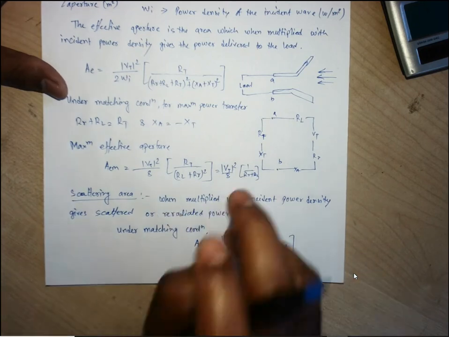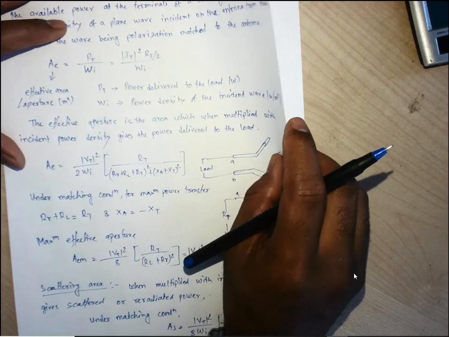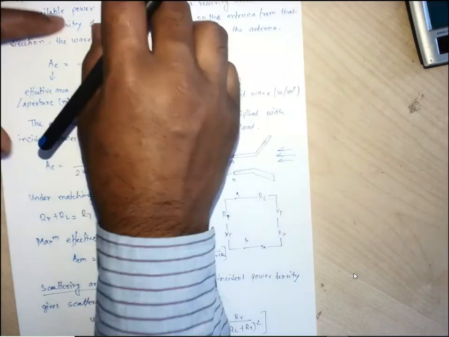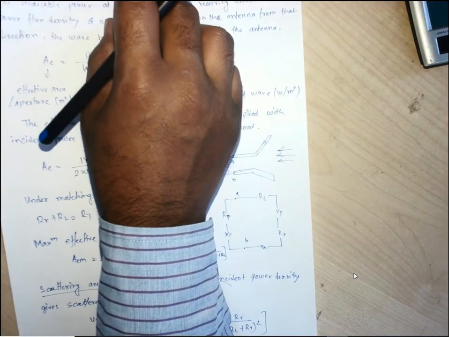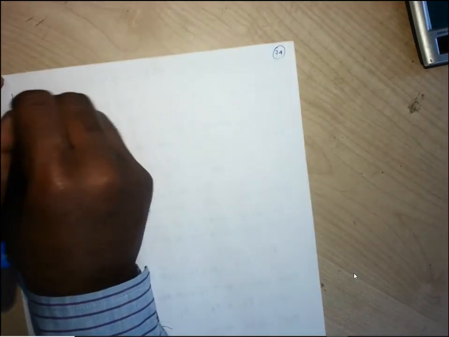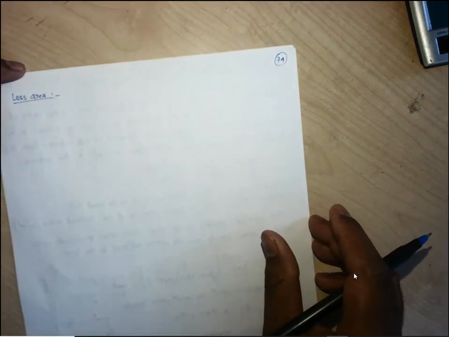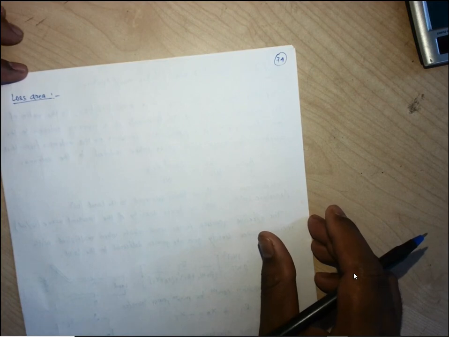Same for this RL, we can find the loss area. It is the same: when multiplied with the incident power density, it leads to the power dissipated as heat through RL.